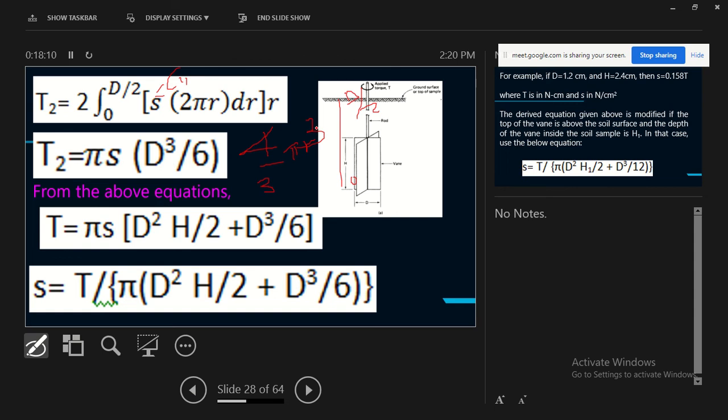So okay, let me be magnanimous. 4 over 3 pi, those are all constant. If we put d, that would be d cubed over 2 times 2 times 2.